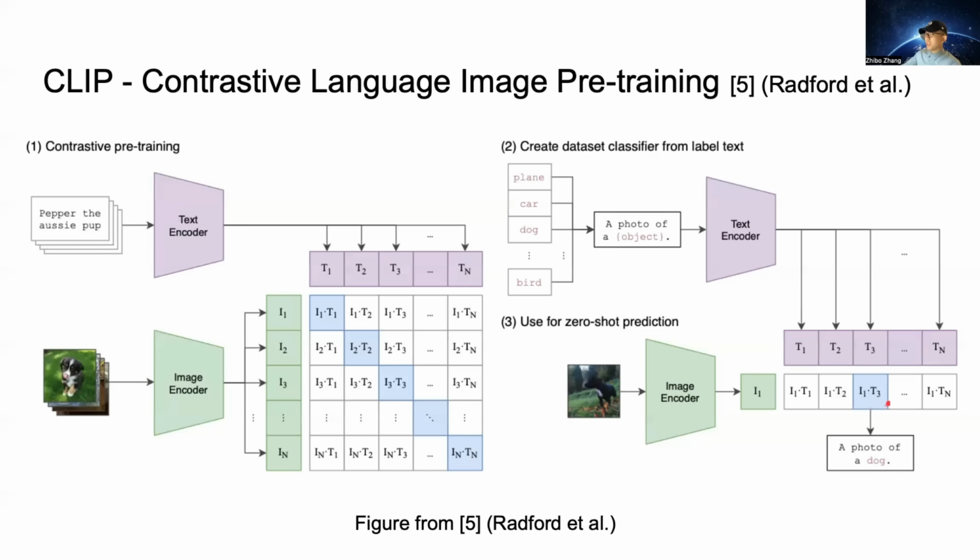For example, I1 and T3 give us the highest similarity score, and that will be the prediction of the model in this downstream task. Okay. For example, here it successfully predicts that this image is about a dog.